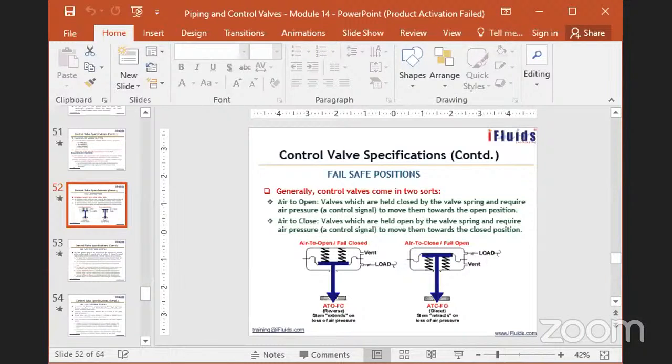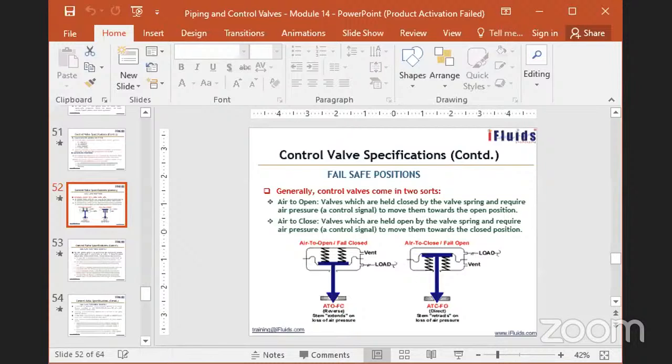They are like wide open valves, and a damper is something similar to your gate valve. It's a flat element inside the wall, and that will be opening and closing. Typically, we have dampers in solid hoppers. When you discharge solids from hoppers, this kind of valves will be there.